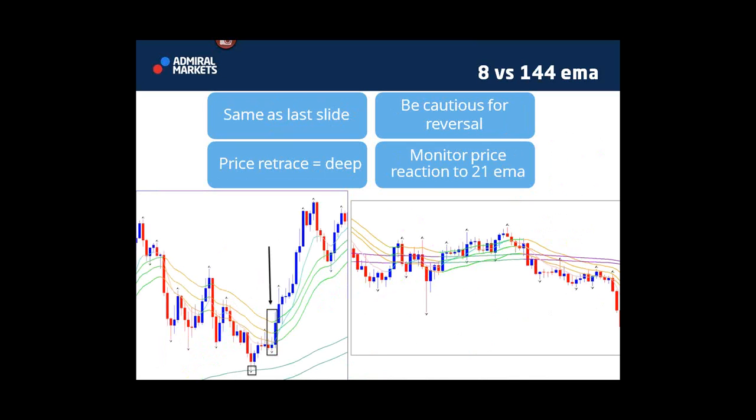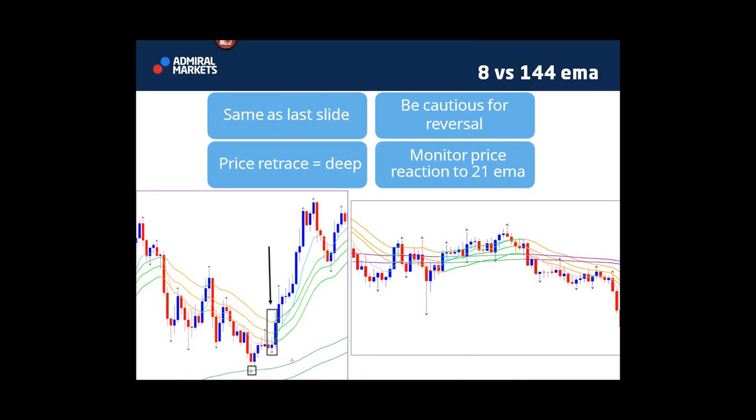But sometimes price retraces deeper. Price goes back all the way to the 144 EMA, not only to the 21 EMA, not only to this 3 band here, but all the way to what I call the tunnel, all the way to the 144 and 169 EMA. That's a deeper retracement, and that happens sometimes, right? And what I therefore also look for sometimes is a continuation off of those moving averages.